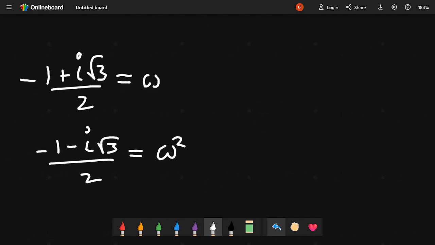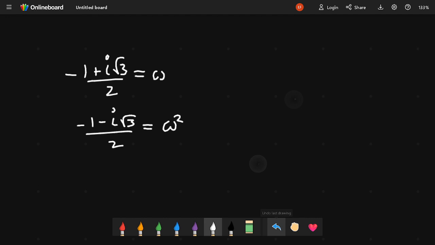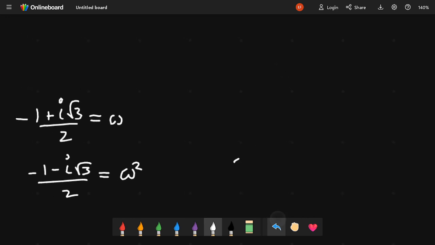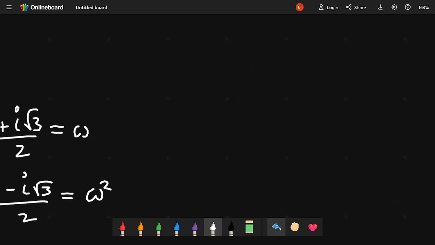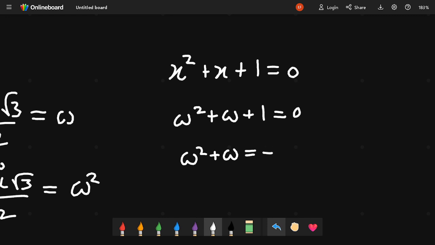So, from this relation, you can see that if you square this whole quantity right here, you're going to get this. What can we infer from this? So we know that omega and omega squared both satisfy this equation, which means omega squared plus omega plus 1 is equal to 0. And omega squared plus omega equals negative 1.